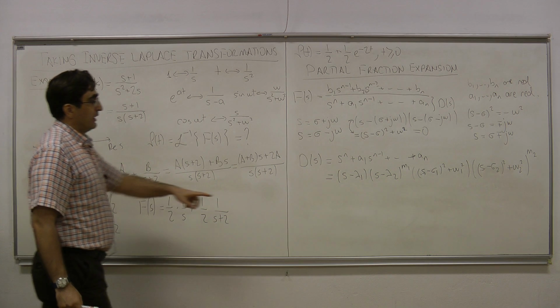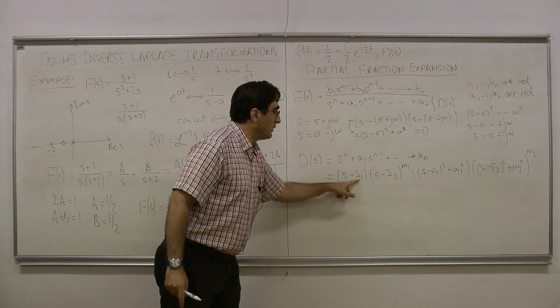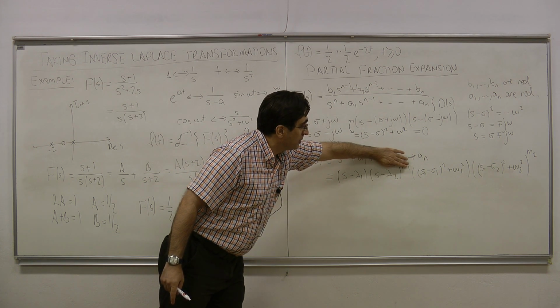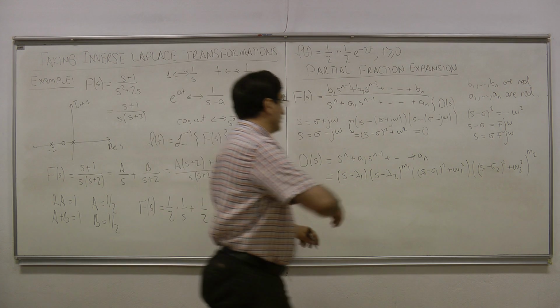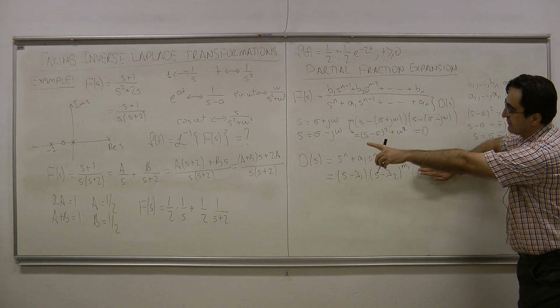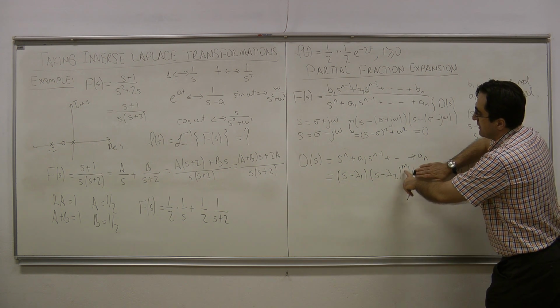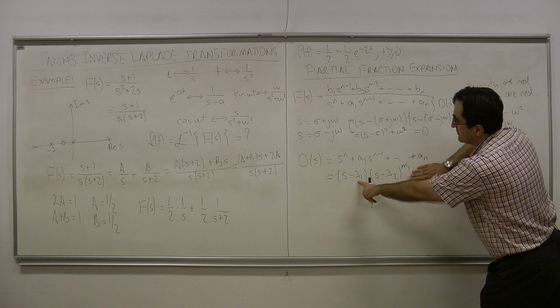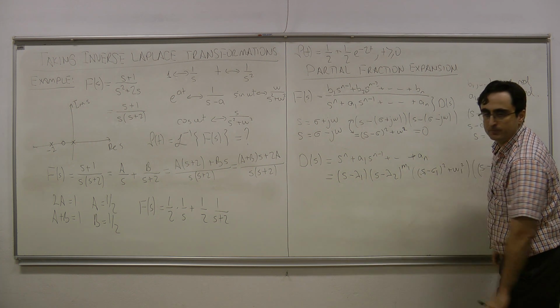Okay? A term like this, and another term like this. And m1 equal to 1 is going to give this type of multiplication, and I won't have any complex poles. So in that example, I had m1 equal to 1, and lambda 1 was 0, and lambda 2 was minus 2. Okay?